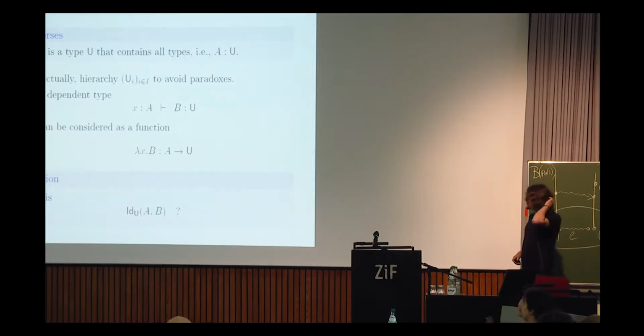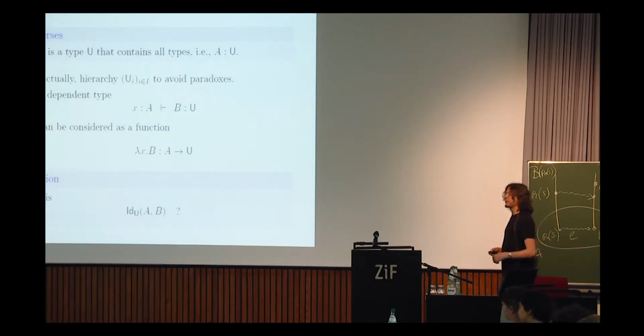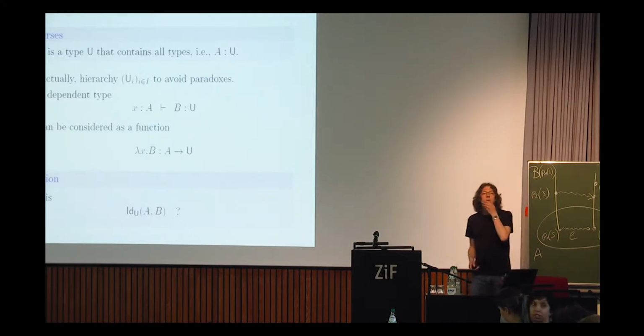But for the time being, for the purpose of this talk, I will just pretend that there is only one universe, and we will not care about this slight complication that is necessary.